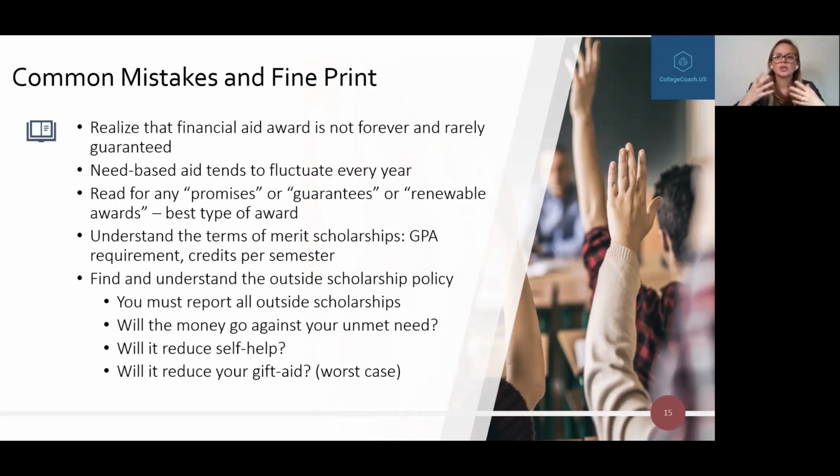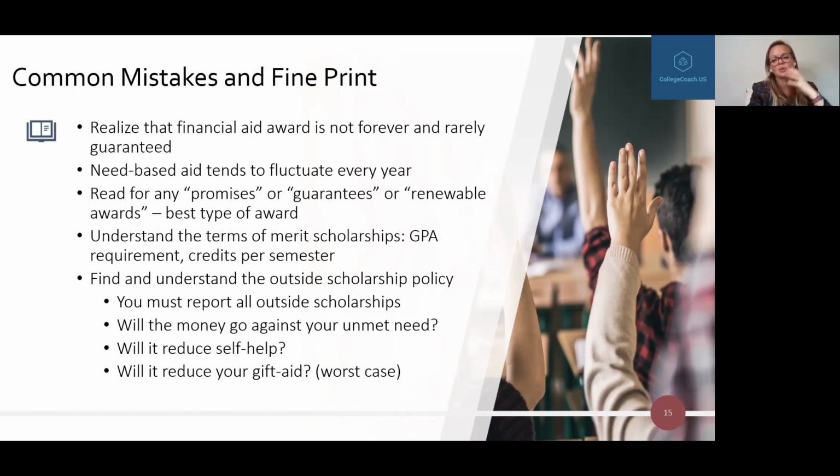So what you want to look at and look for in fine print or anywhere on the award letter are any of the promises. Words like this is a promise, or this is a guarantee, or this is a renewable award. Those are the best type of awards. Why? Because even if you get a raise next year, or if you get a bonus, or if you win a lottery, they're guaranteeing you that money so you can be sure that you will at least have this.